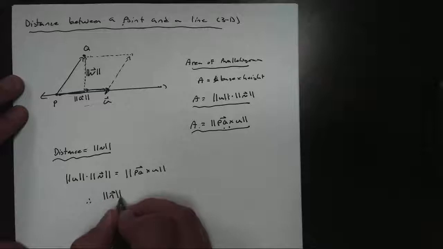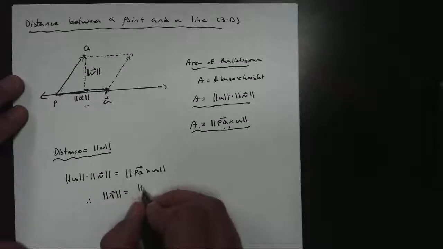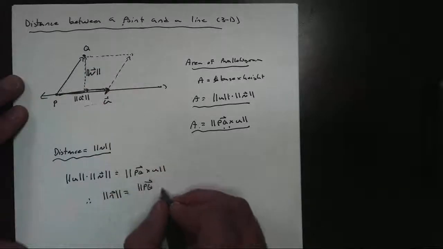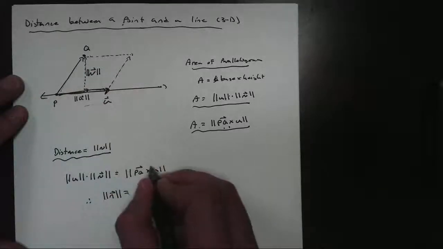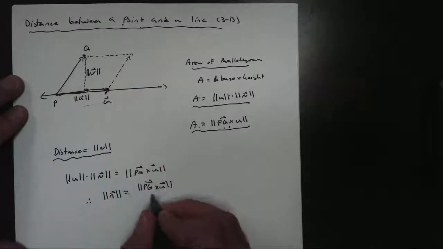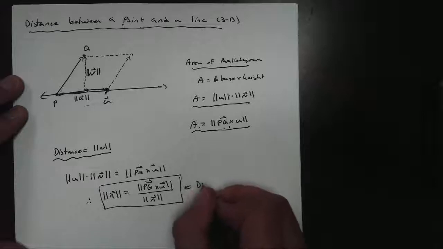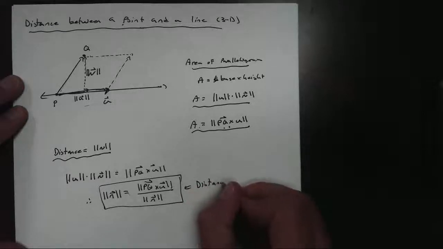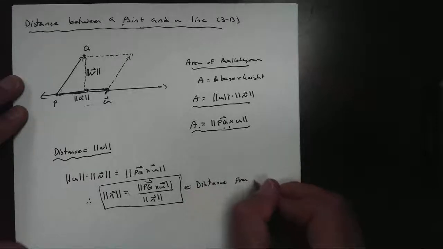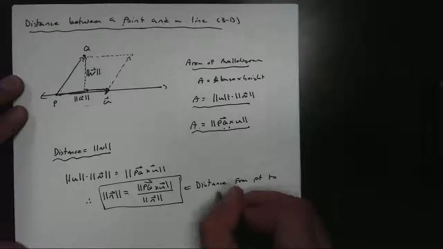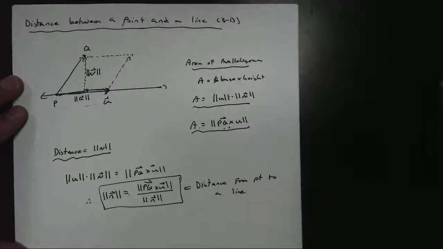The length of our normal vector is going to be the magnitude of the cross product of vector PQ and u, divided by the magnitude of u. And this is our distance equation: the distance from a point to a line.